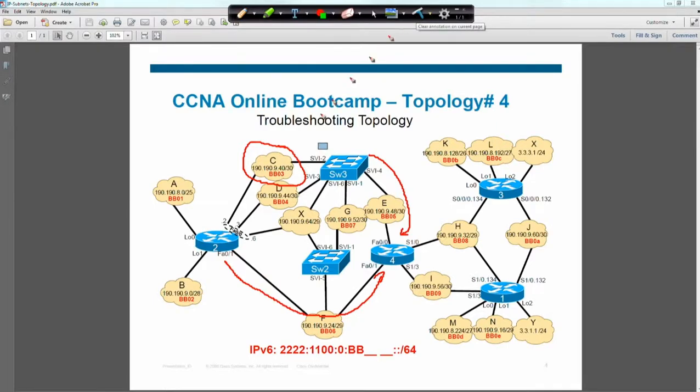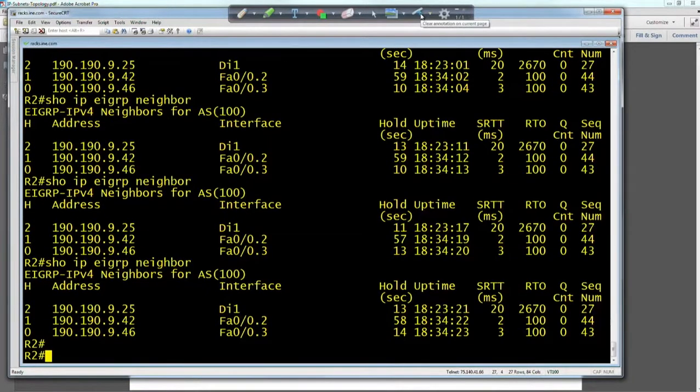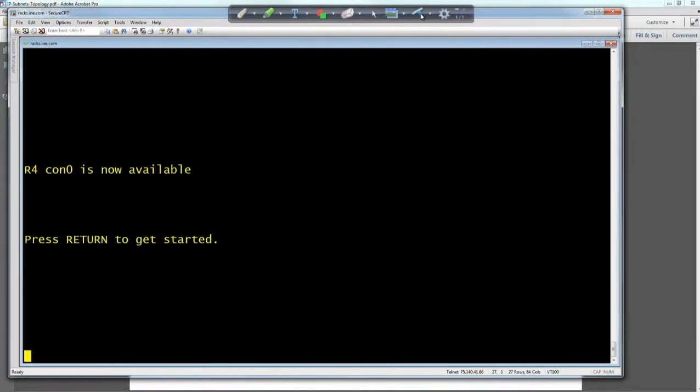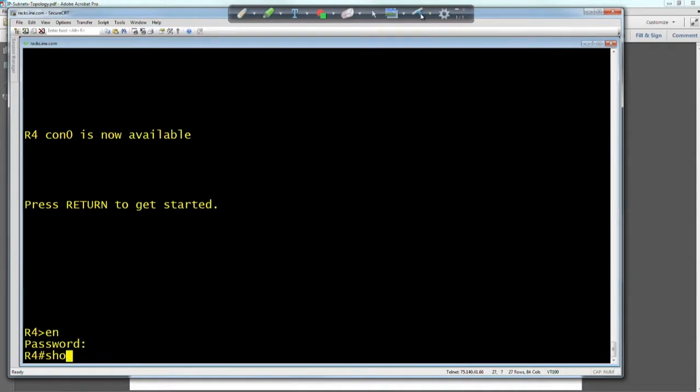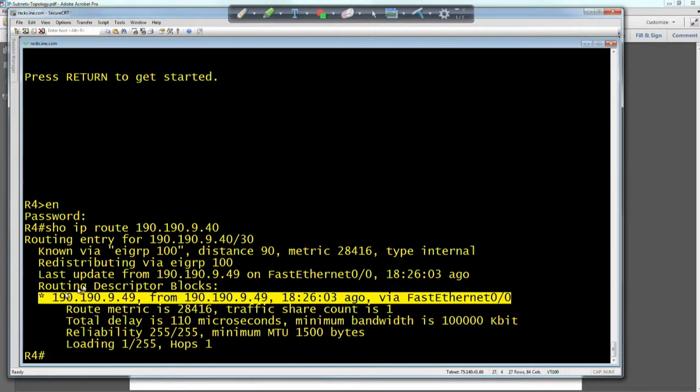So we're talking about the 9.40 network. Okay, so he says, I've only learned about it from one neighbor, which is 9.49, out fast Ethernet 0/0. So at the moment, he's only got one route in his routing table for that.